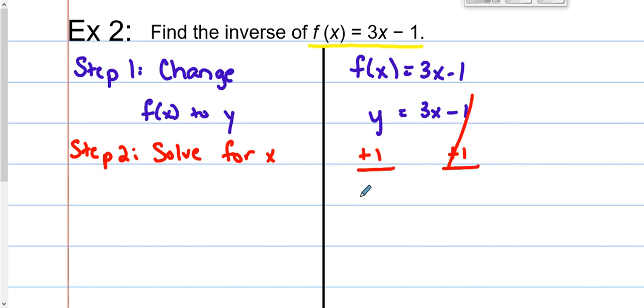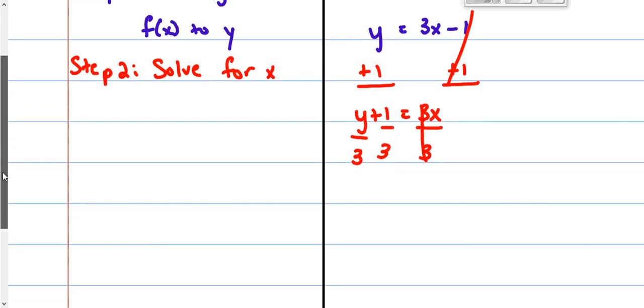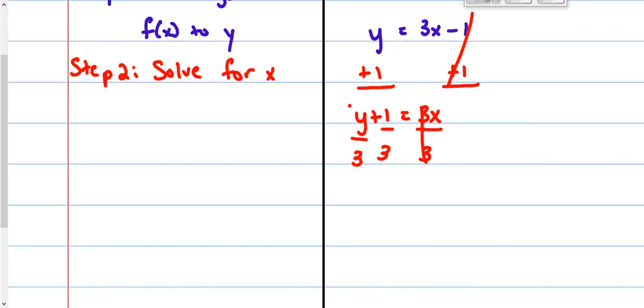On the left side, I get y plus 1 equals 3x. To get x by itself, I need to now divide by 3 on everything. On the right side, they cancel. On the left side, remember, you have an understood 1 in front of that y. So now I have 1/3 y plus 1/3 equals x.